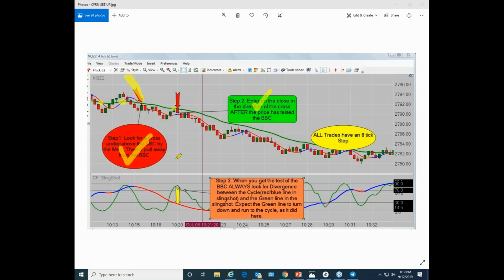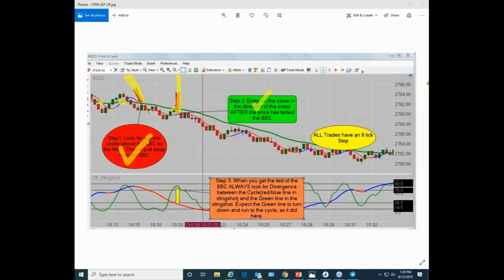So you're looking for the market to challenge or touch that green line. But not only that, you are going to look for a close in the direction of the trend. So if we have a bearish cross and the MA1 is red, you should be looking for a red candle.